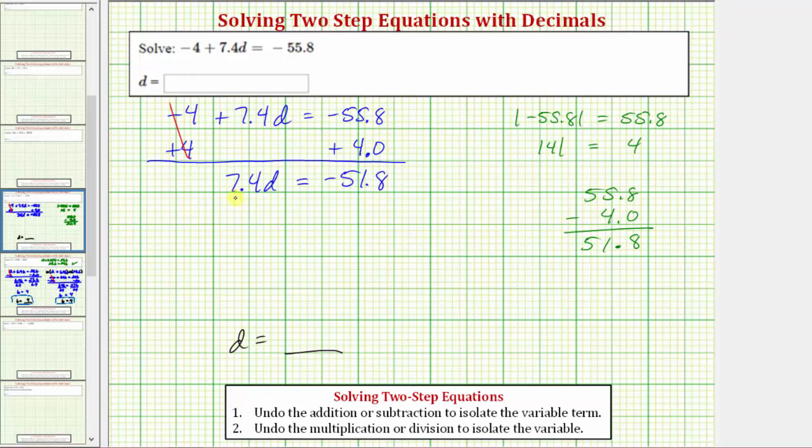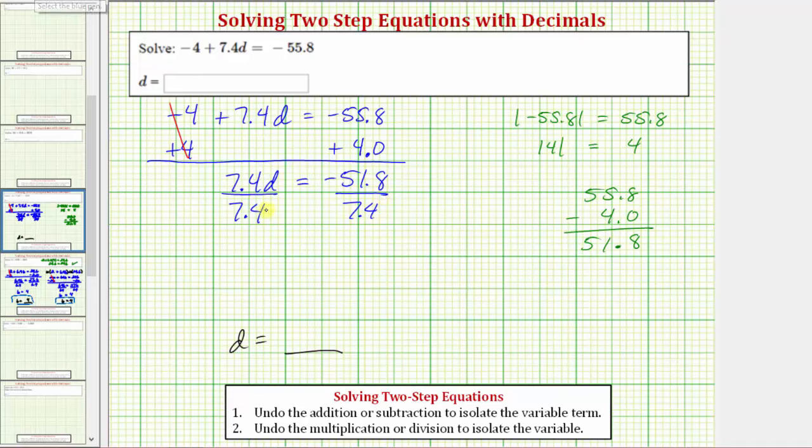Now we need to solve the equation 7.4 times d equals -51.8, and therefore we need to undo this multiplication by performing the opposite or inverse operation. Dividing by 7.4 will undo multiplying by 7.4, so we divide both sides of the equation by 7.4.